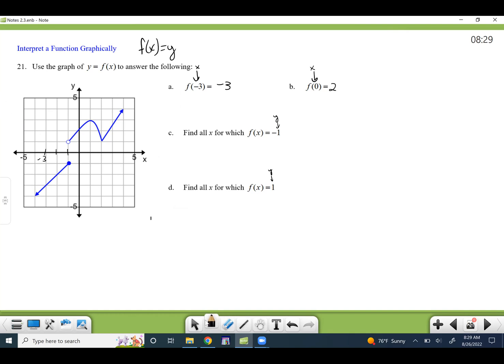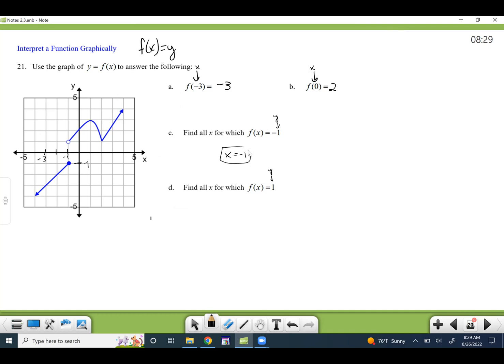Now we're going to do the opposite of that. They're giving me the y. It's my job to find the x. So y is -1. Well, here's where y equals -1. So I'm there. Let me find the x value. If I go over to this dot, I went to the left one. The x value there is -1. So that's going to be our answer: x equals -1.